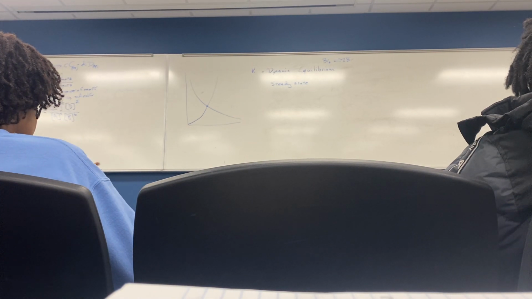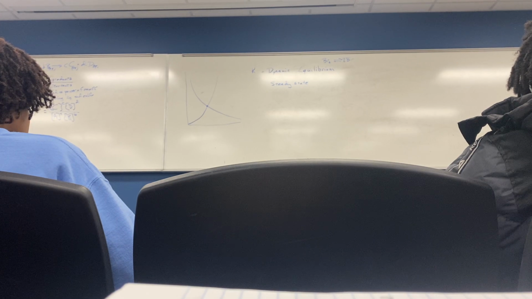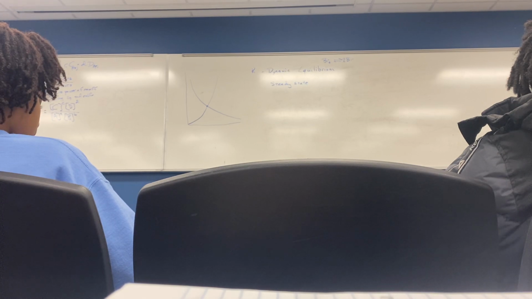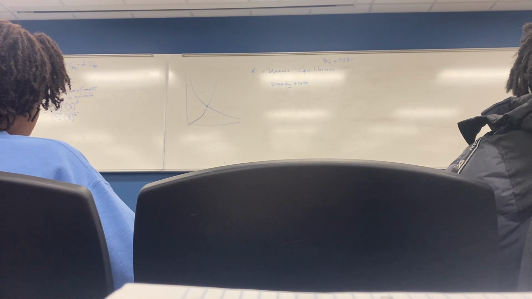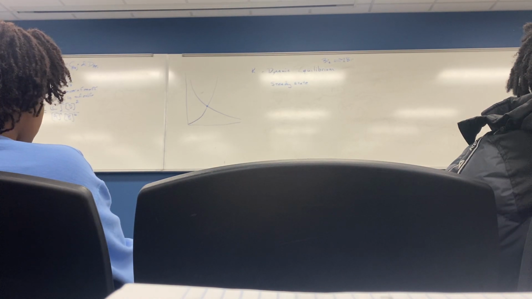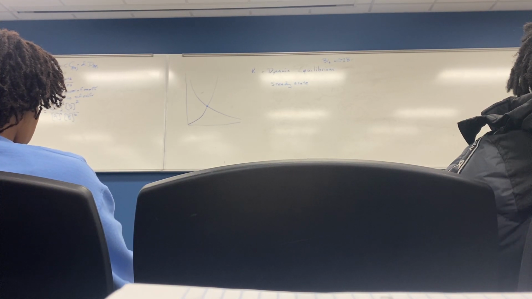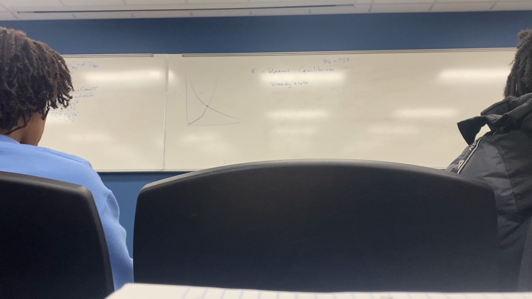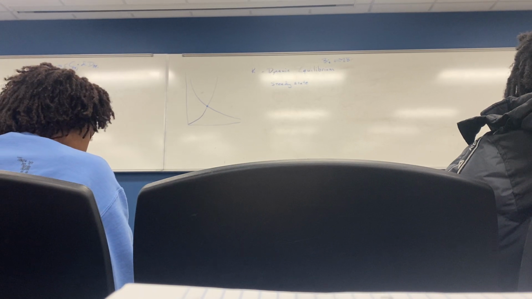If Q is less than K, in that case, I don't have enough products, so I need to form more. Think about those concentration cells. Do you remember how we always had to have the smaller number on top? Because we needed it to be negative, because we need the reaction to still want to go to products.